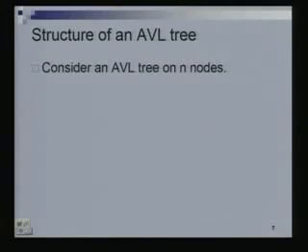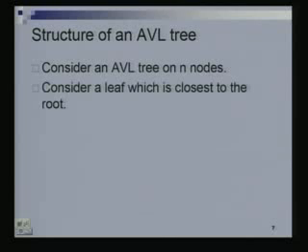Okay, so let's look at the structure of an AVL tree in a little bit more detail. I once again have an AVL tree on n nodes. Now let me take the leaf of this tree which is closest to the root, which means whose level number is as small as possible, the smallest amongst all the leaves.